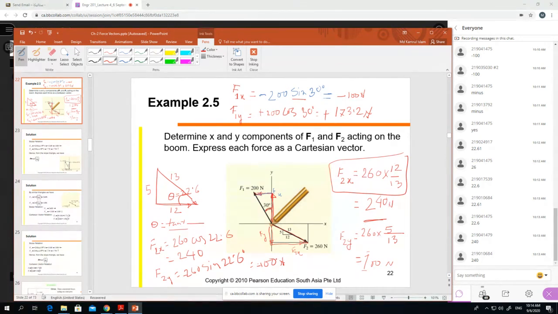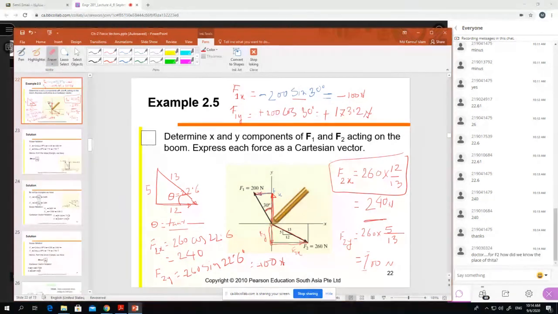Clear? Thanks. All right. Now, what was the question? Cartesian vector. If you are all clear, I want to delete this.